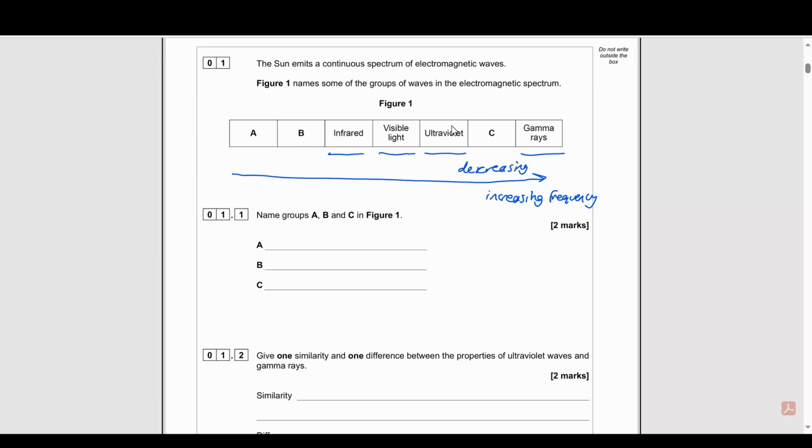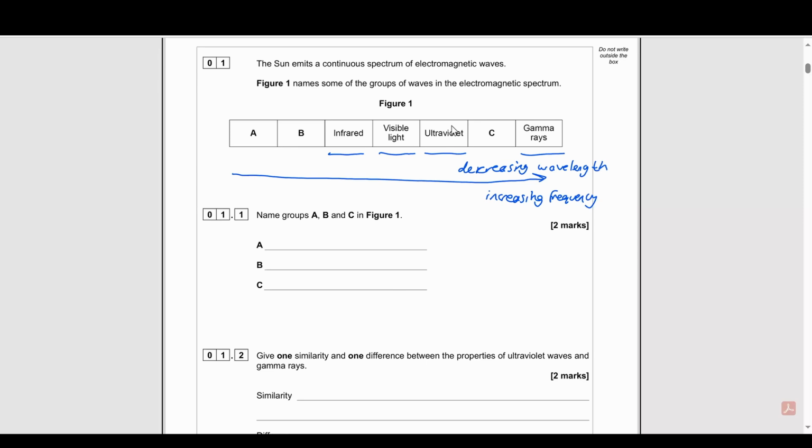So what we need to do then is remind ourselves of what will have the longest wavelength, because that would be at the far end, so what would be A, and then going towards the right hand side, what would have the second highest frequency or second shortest wavelength.